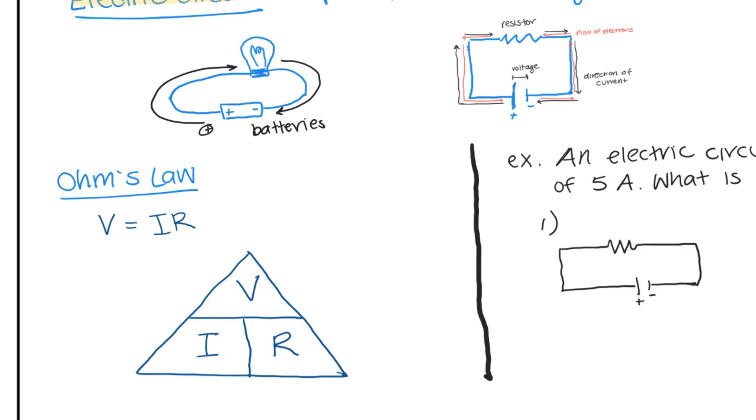It's creating our voltage. We also have resistors in our circuit as well. Like I said, a light bulb is a perfect example of a resistor. It creates resistance to the current going through it. So this is kind of what it would look like in real life.